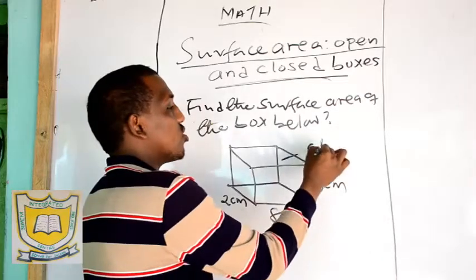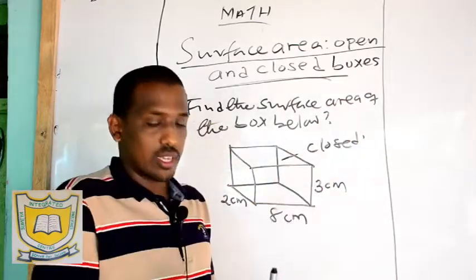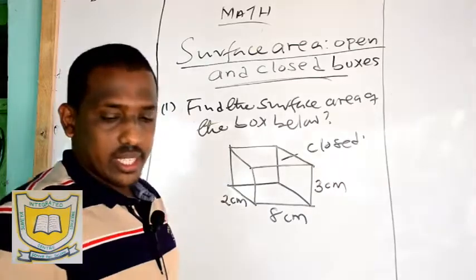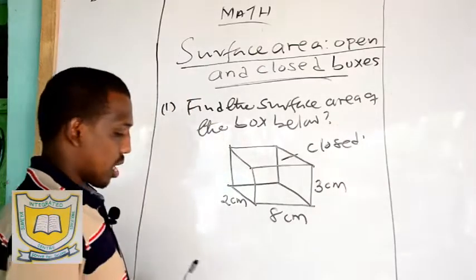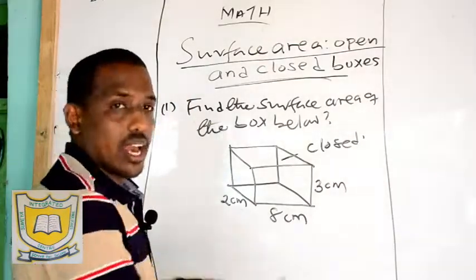Remember, then they say this is a closed box. How do we get the surface area of a closed box?